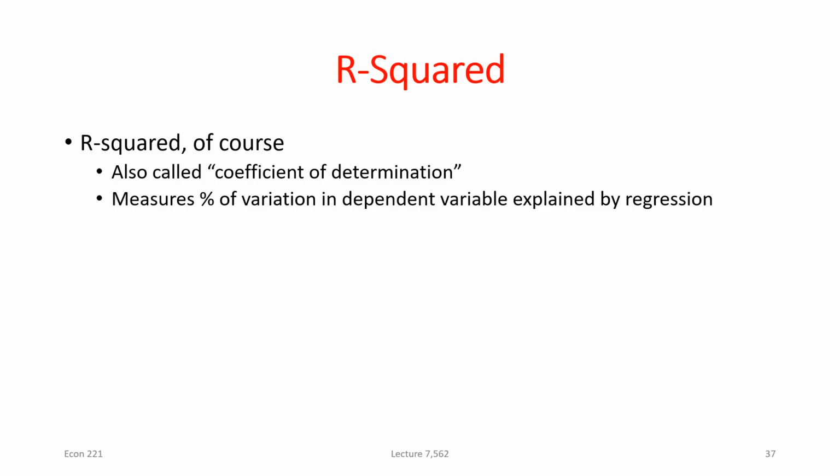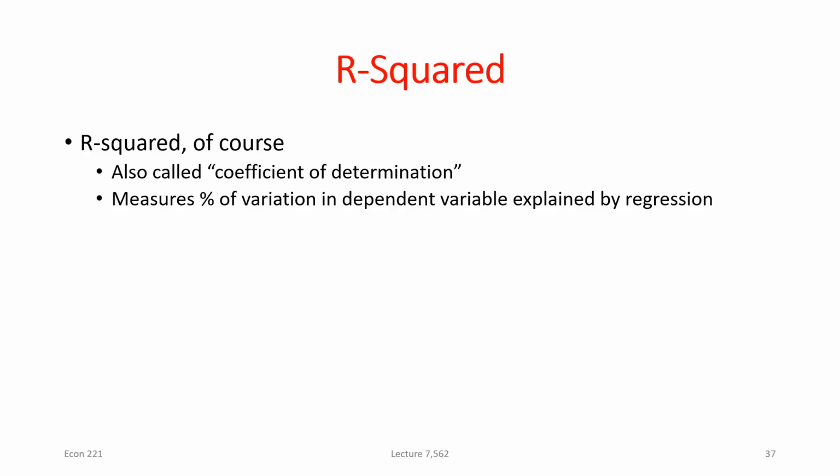R squared measures a percentage, but in decimal form, so it ranges from 0 to 1. An r squared of 0 would mean whatever x variables you've included on the right-hand side explain none of the variation in the y variable. An r squared of 1 would mean you're explaining 100% of the variation in y, which is ideal.